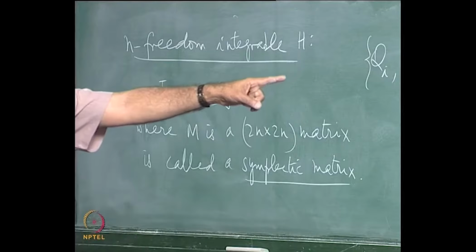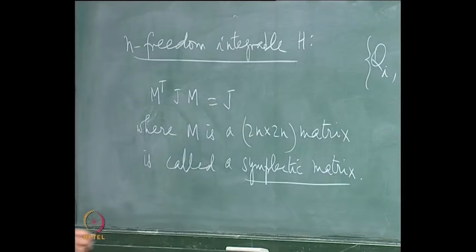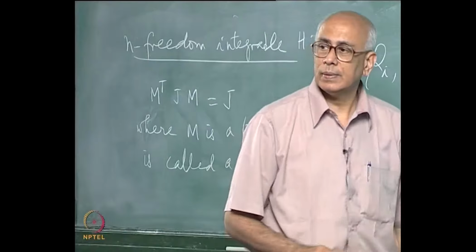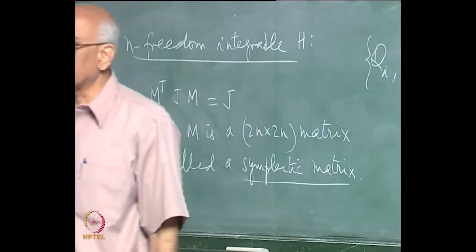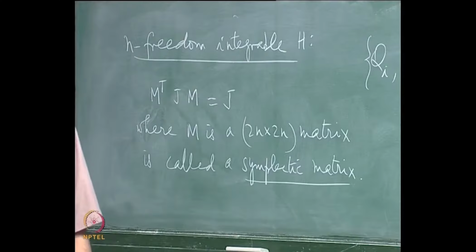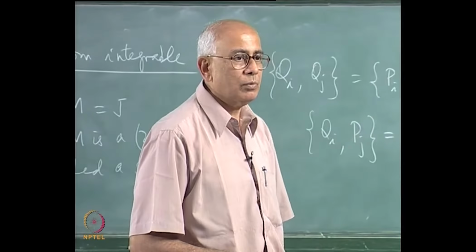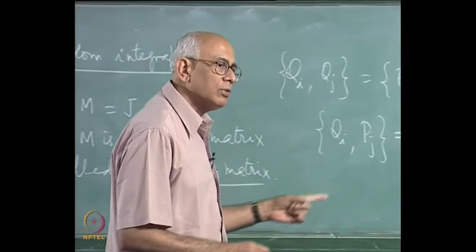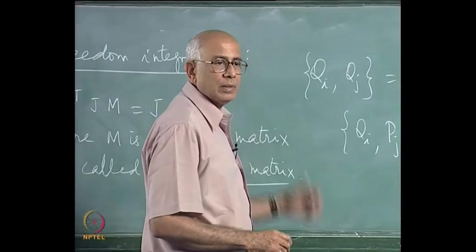So what is the lesson we learned from that equation there? Canonical transformations are represented by symplectic matrices. Just as rotations are represented by orthogonal matrices of unit determinant, canonical transformations are represented by symplectic matrices.